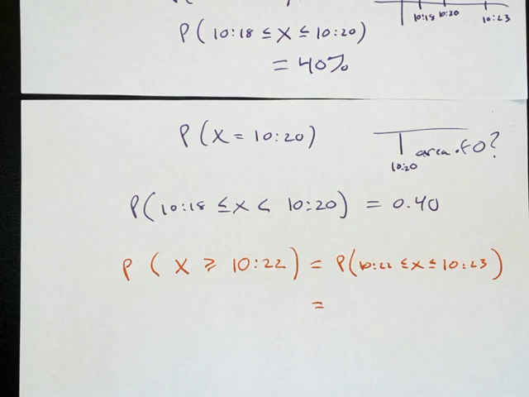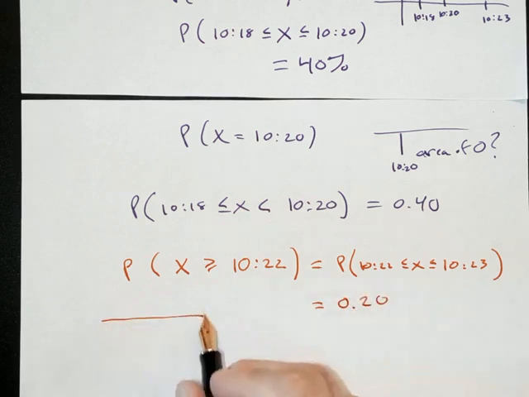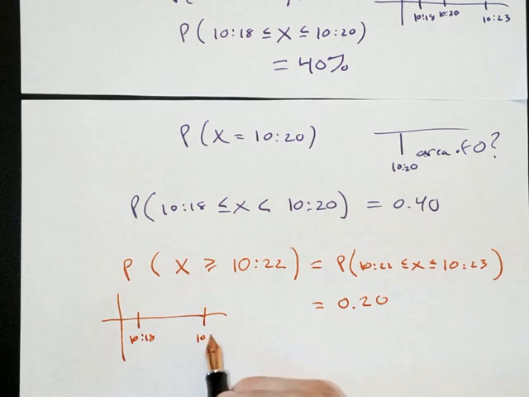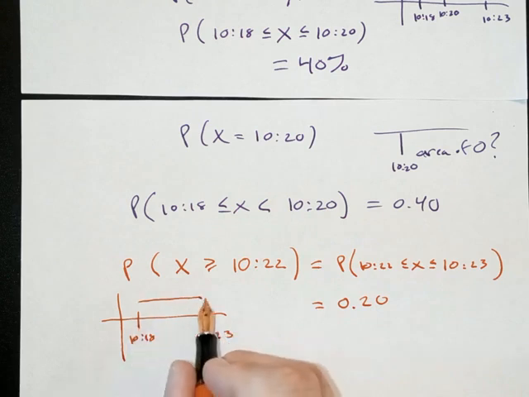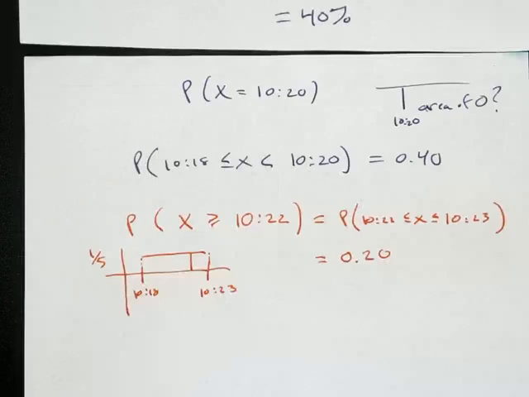Draw me a box. It would be 20% because my box goes from 1022 to 1023.